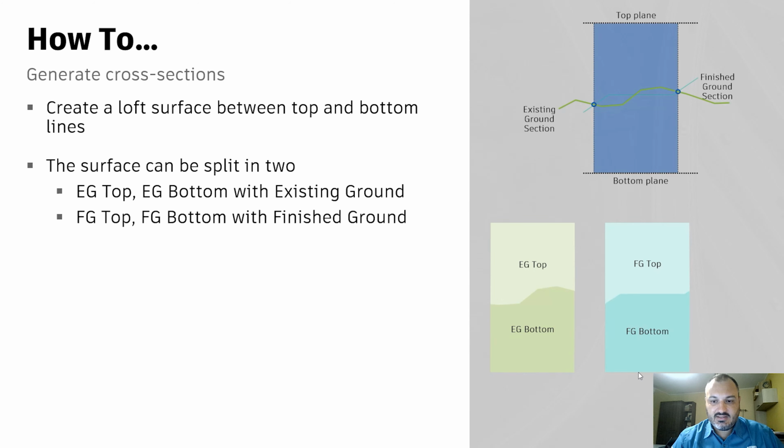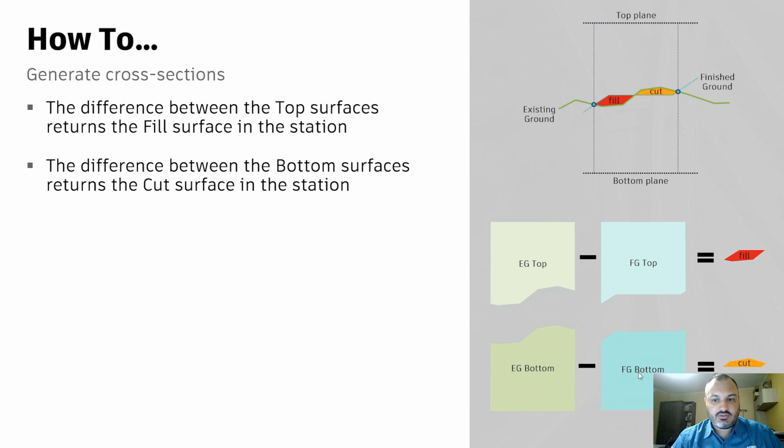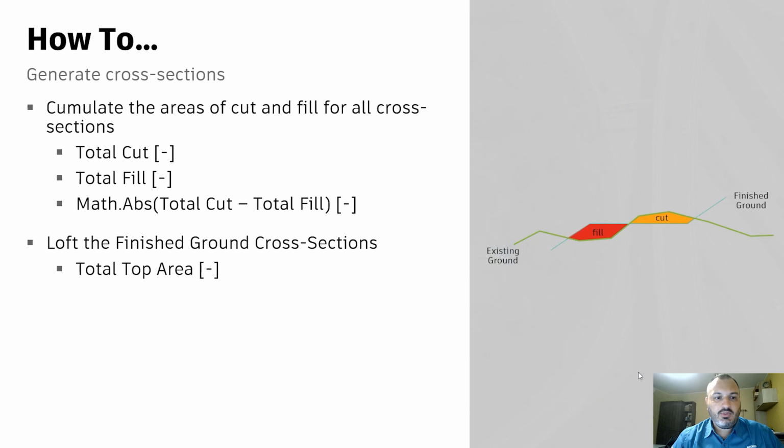So what happens is that the difference between the top surfaces is equal to the fill, and the difference between the bottom surfaces instead returns the cut for that particular station. So knowing this, we can accumulate the areas of the cut and fill for all the cross sections, and we can minimize the total cut, the total fill, and the difference between these 2. And as I mentioned before, we can minimize also the total area of the finished ground.